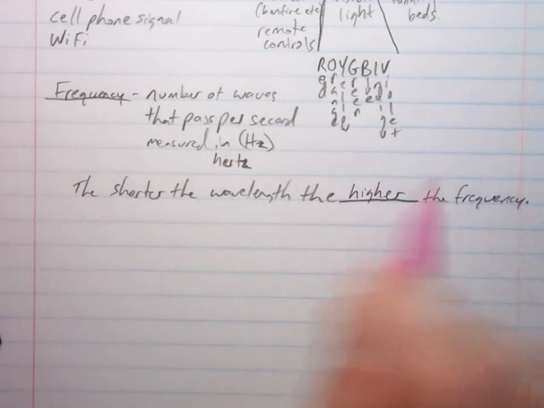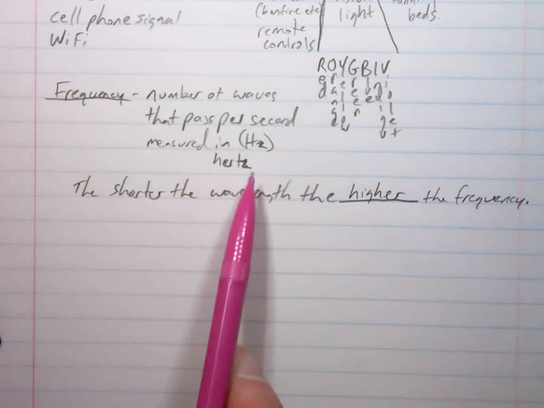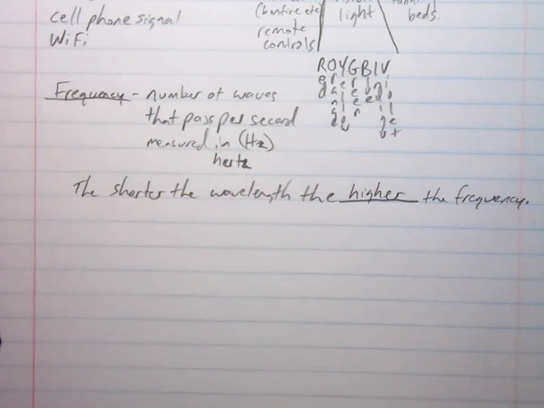Now, most of these waves travel by so fast that things are measured in megahertz, gigahertz, terahertz, like things really, really fast. Your radio station, 96.5, is broadcasting at 96.5 megahertz. That's why it is 96.5, because it is broadcasting at a specific frequency.